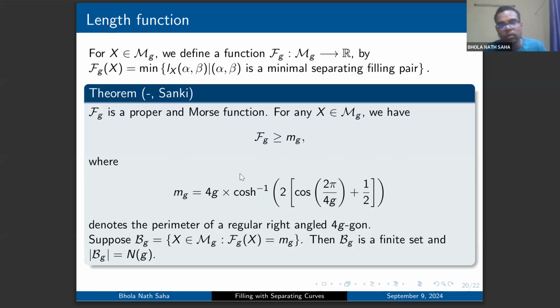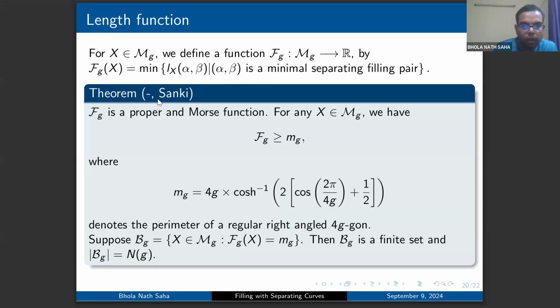Here we also define a function fg on the moduli space, which gives the length of the shortest minimally intersecting separating filling pair.